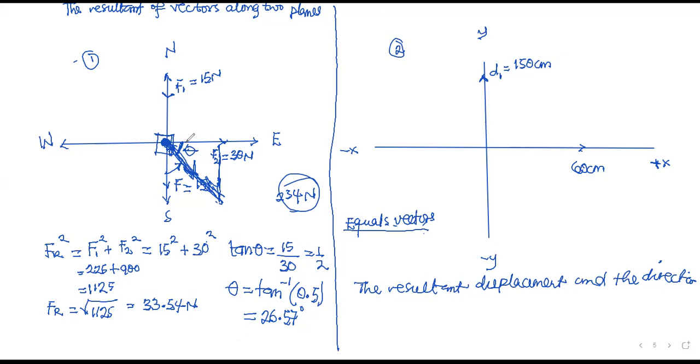And how do I determine the angle from the south? The whole angle from east to south is 90. So when I subtract 26.57 from 90, I have the angle from the south. What's the angle here? 90 minus 26.57 is 63.43 degrees.